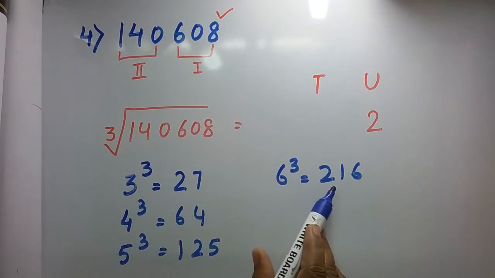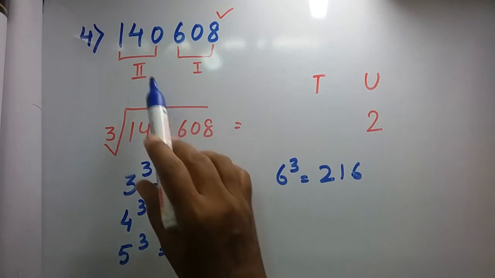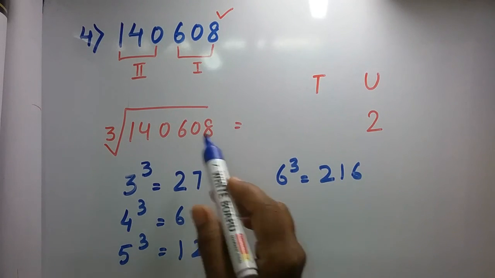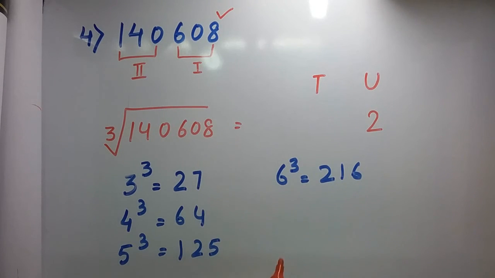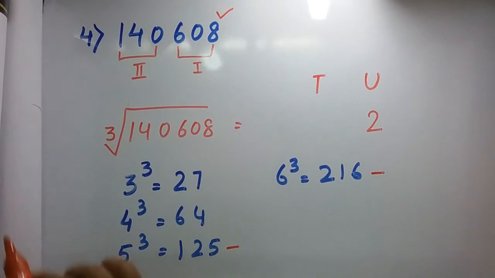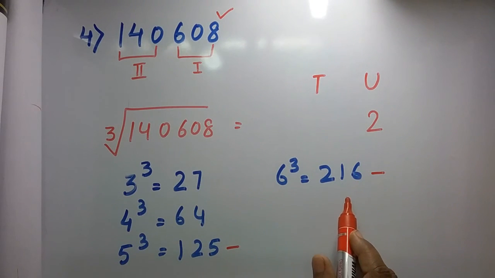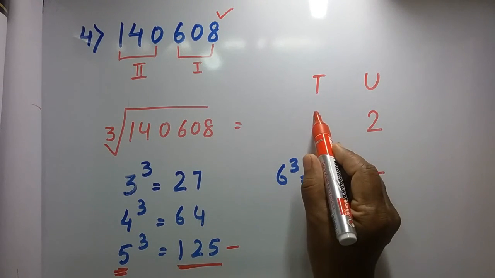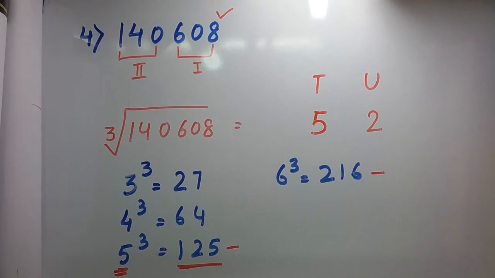Now it's greater than 140. So 140 is between 125 and 216. Out of that, the smaller is 125, and 5 is the number which is cubed to get 125. So this place will be taken by 5.